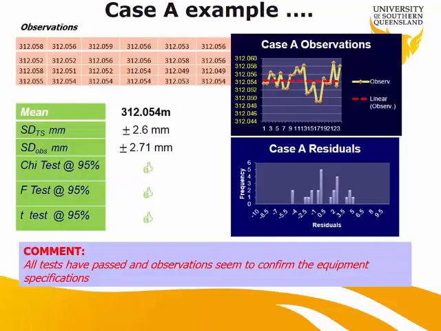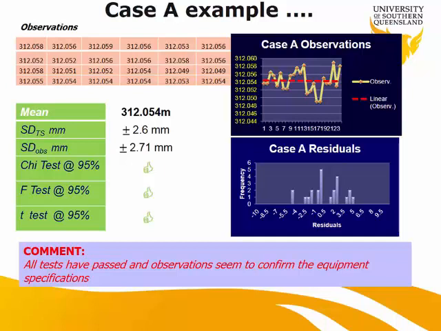But let's look at some scenarios. In case A, I would assume everything is fine. I've measured that distance, which is roughly 312 meters in this example, and I've come up with a standard deviation of total observation of 2.6 and a standard deviation of observation of 2.7.